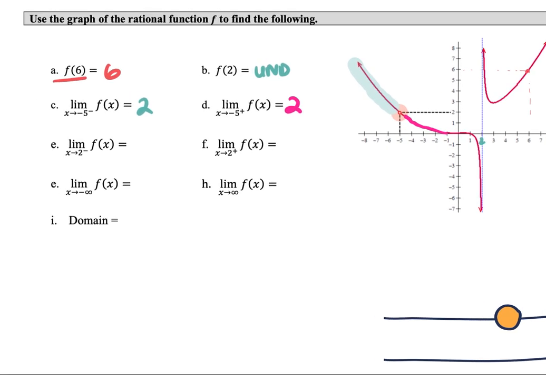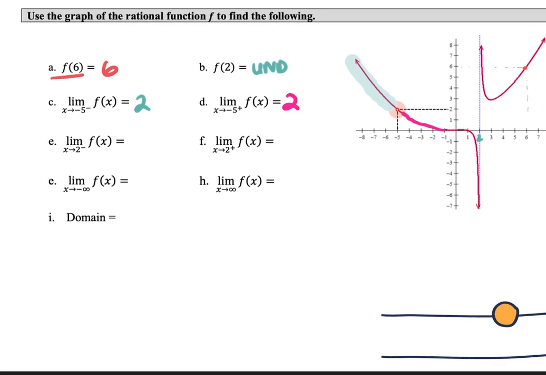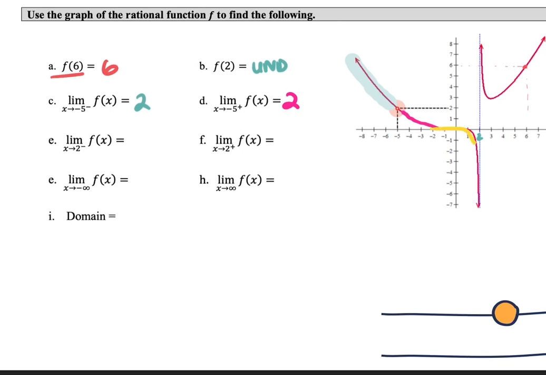Oh, I went out of order. No, I didn't. C, x approaching 2 from the left. So as I'm getting closer to 2 this way, what's happening to my graph? Negative infinity. And as I'm going to 2 from the right, positive infinity.